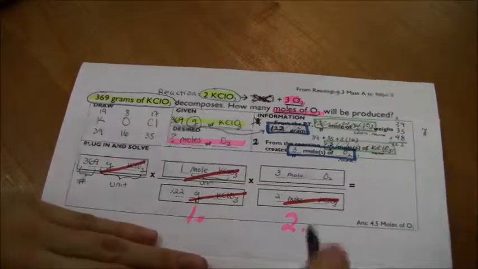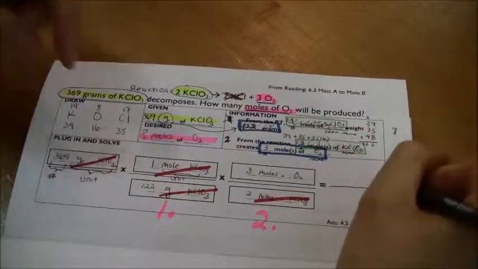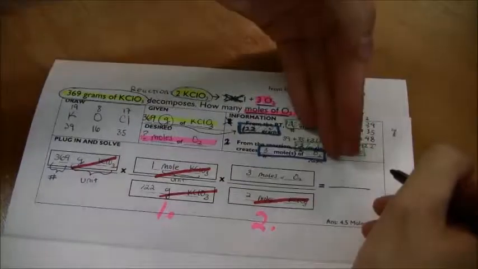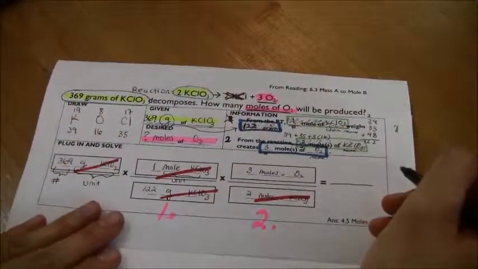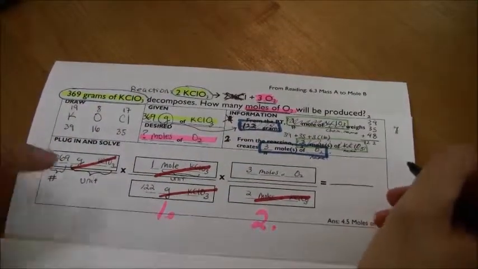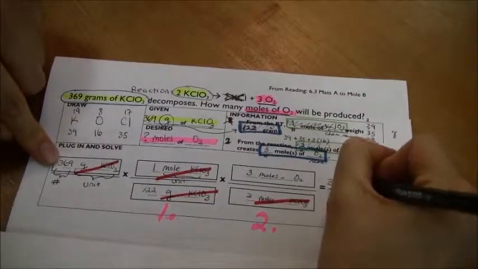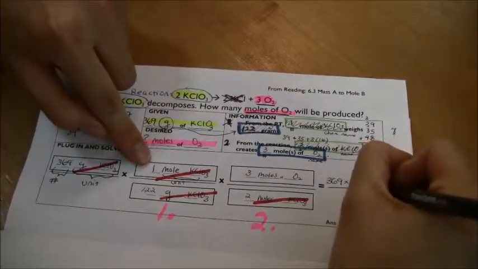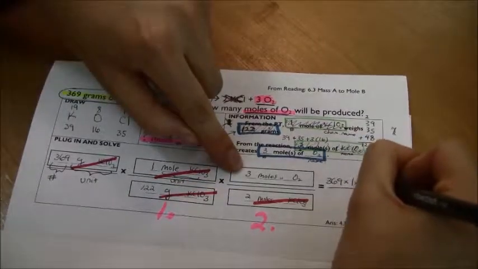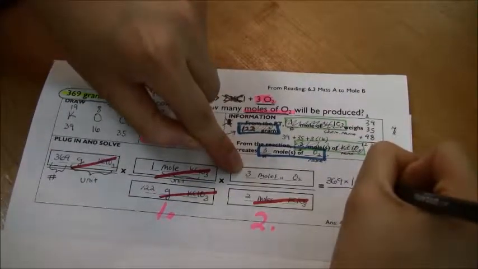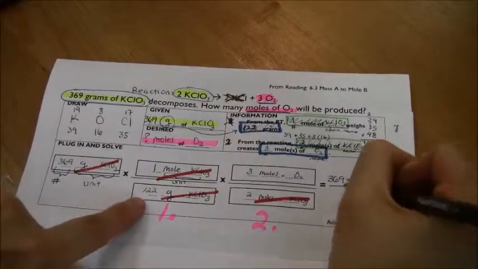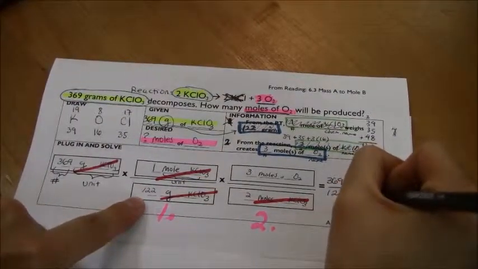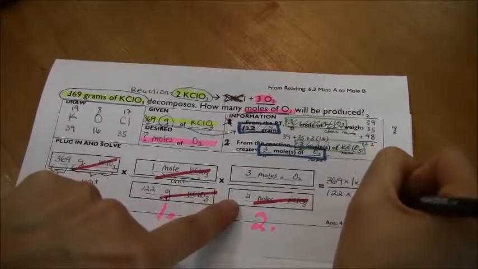All we have to do now is multiply all the numbers on the top divided by all the numbers on the bottom. So we have 369 grams times 1 mole times 3, divided by 122 times 2.